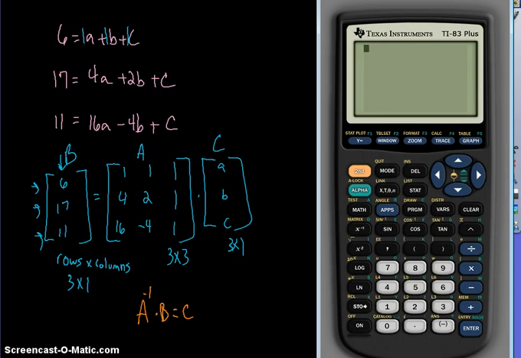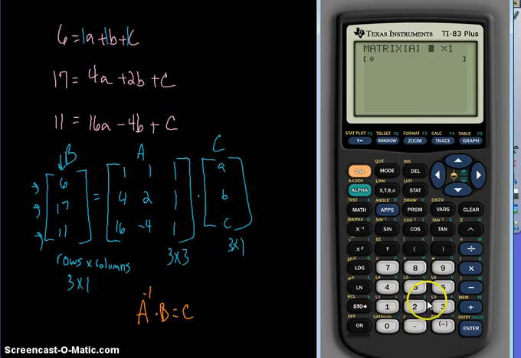Alright, so in order to use this, the first thing you need to do is go down to matrix. Here's matrix, right above X inverse. So hit second, X inverse, go to matrix. After you get into the matrix, go over to edit, and this is matrix A. Matrix A has 3 rows and 3 columns. It's 3 by 3.